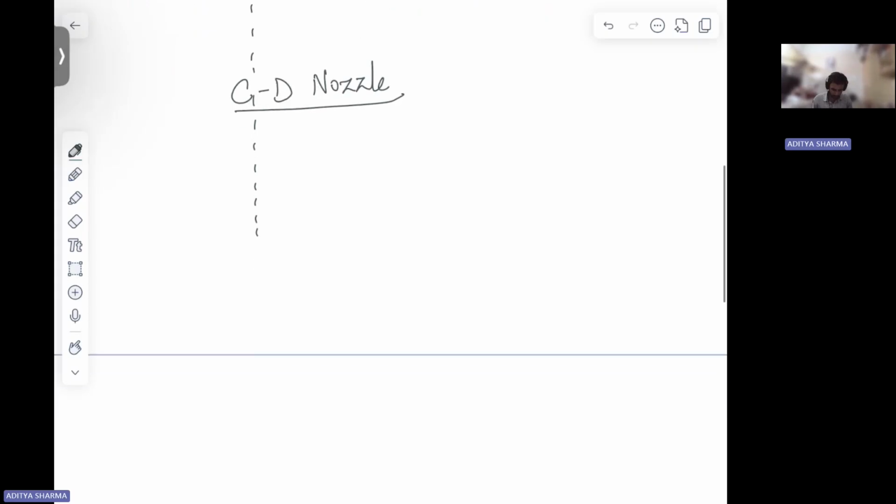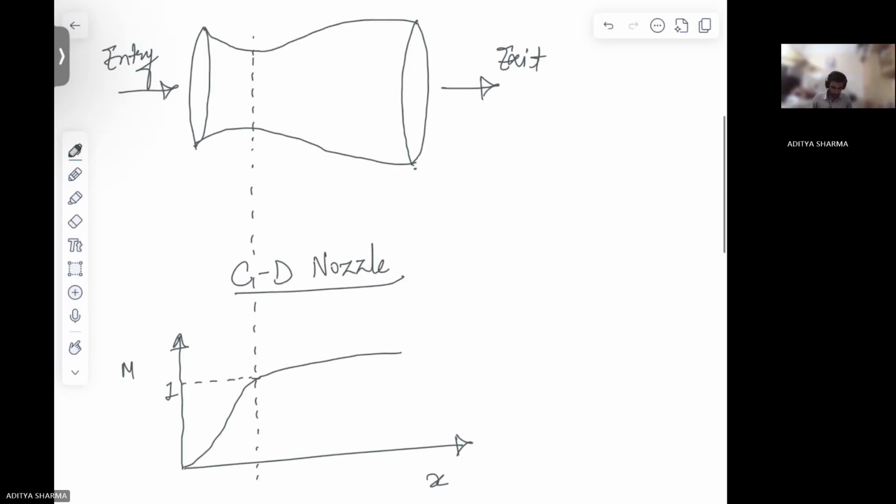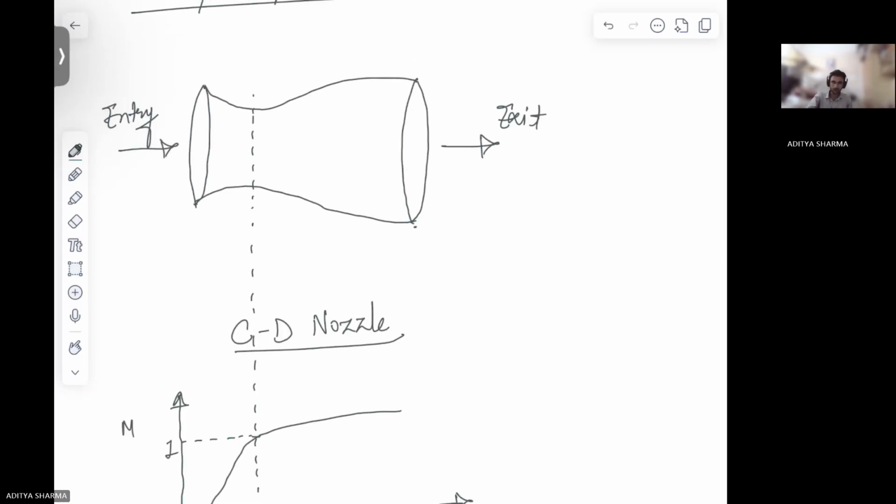So talking about Mach number. From your stagnation condition, we have some reservoir here.